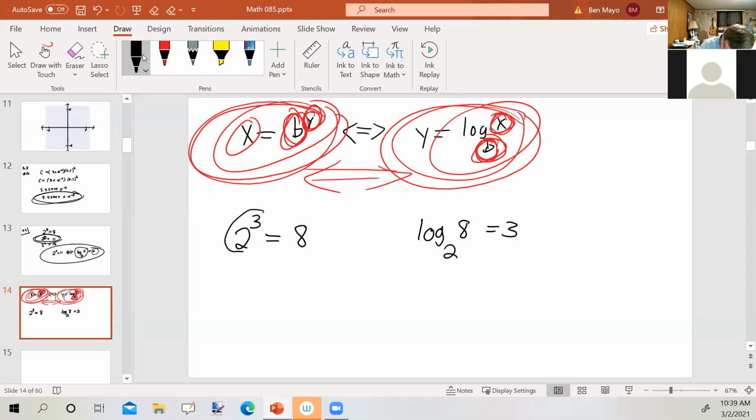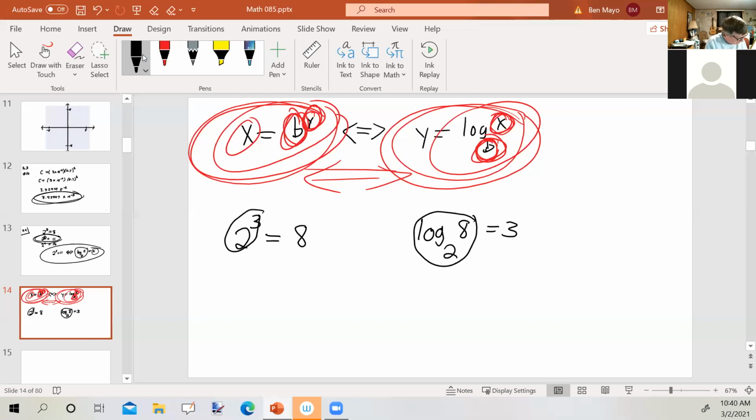So here the 3 is connected with the 2. Here the 8 is connected to the 2. The base, the 2, stays the same. The players change places. Now, that's not very mathematical, but that's just a description that I use to remember that. And there are many other descriptions out there if you don't like this one. Okay, now, any questions on that before we move on?